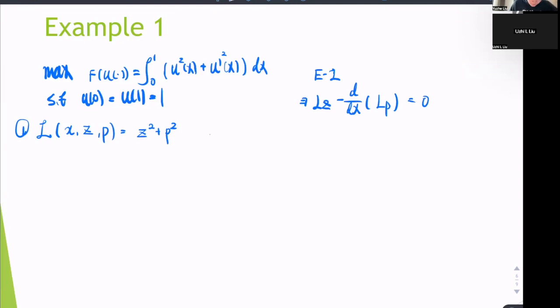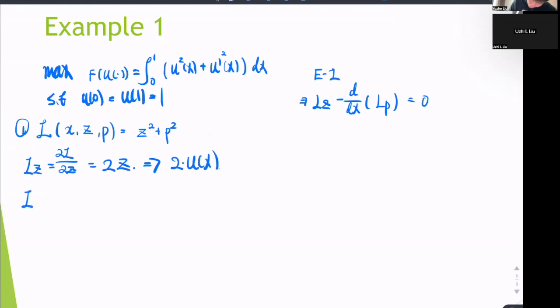So consider the function L. We first have to find L_z, that is 2z, and notice z is simply u of x, so this becomes 2u of x.